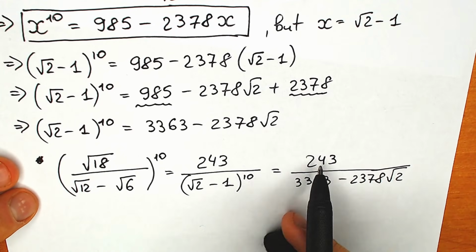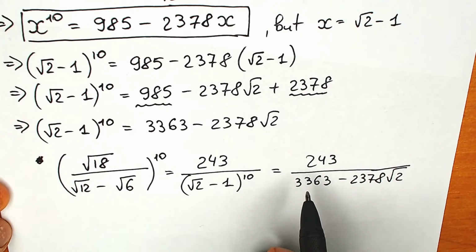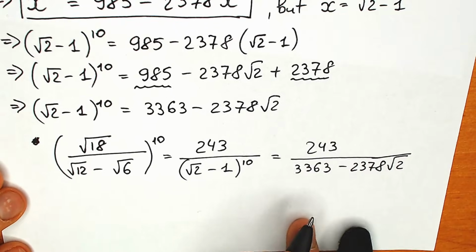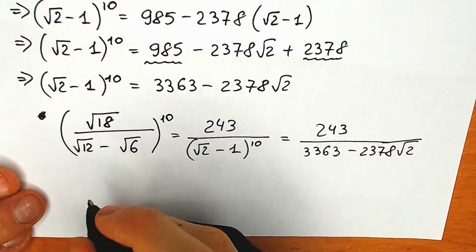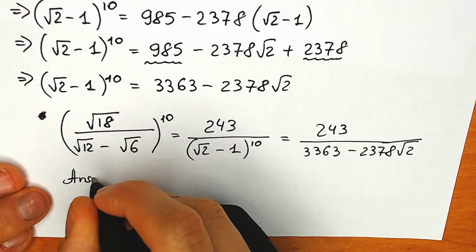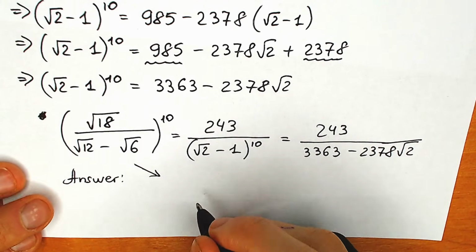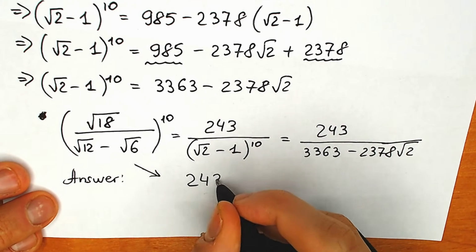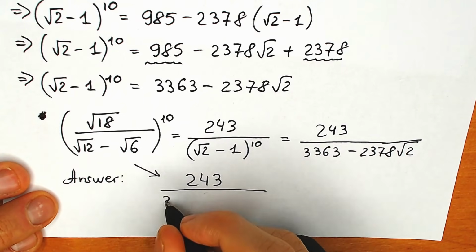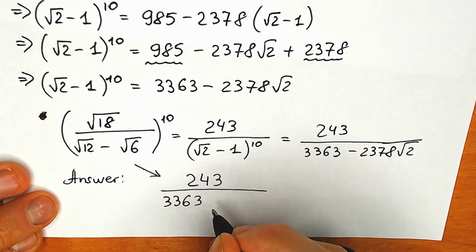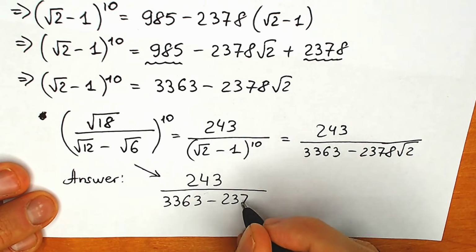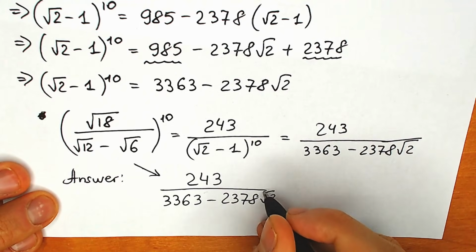So we have our numerator and we simplify our denominator. Let's write our final answer to this question. I don't want to rewrite this question from the beginning, so I just draw this quick line, and our answer is 243 all over 3363 minus 2378 square root of 2.